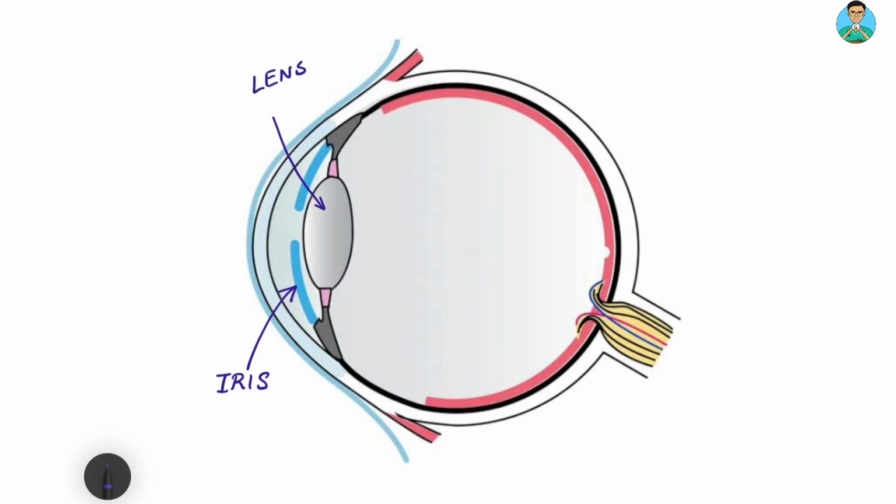Now, once we have understood these two things, we will try to understand two important terms. One is anterior segment, another one is posterior segment. Anterior segment is the front third of the eye that includes structures in front of the vitreous humor.